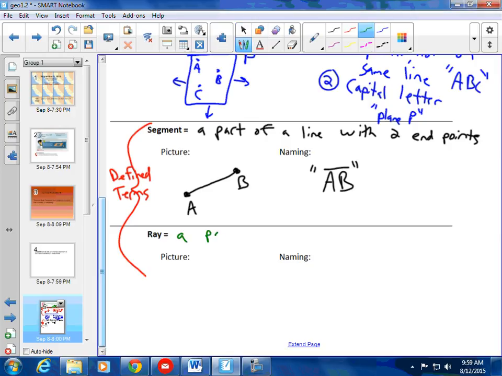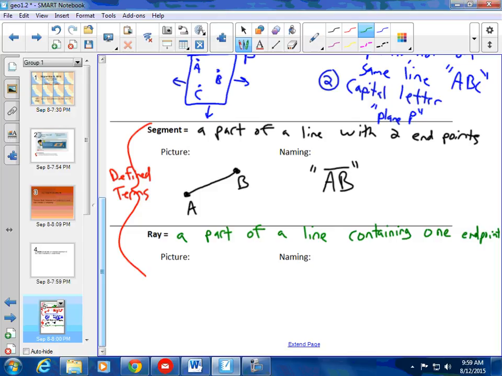A part of a line that consists of one endpoint and all the points opposite of that, or all the points on the line going in the direction that the endpoint is not. One endpoint and all the points opposite.